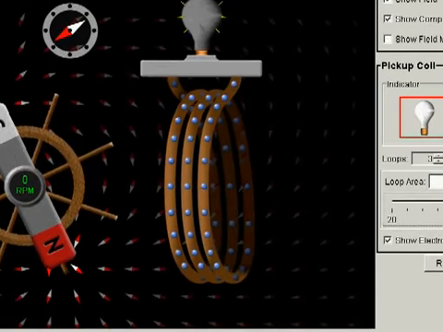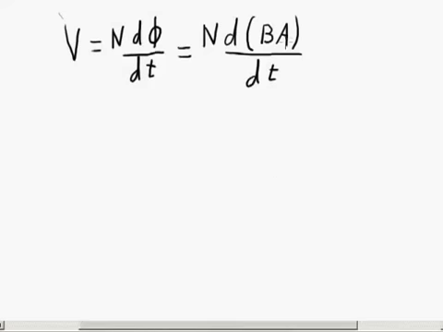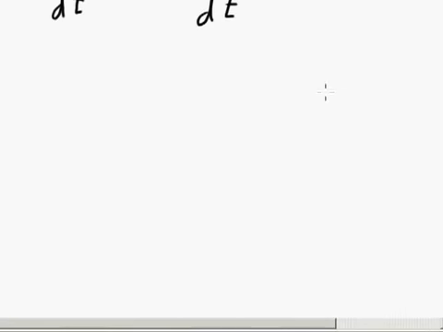Let's slide back and forth, and now I'm changing the area, so going back to the equation, the dA dt, the area is changing with respect to time. I'm going to induce a voltage, which in this example is going to create a current. And that is Faraday's law.